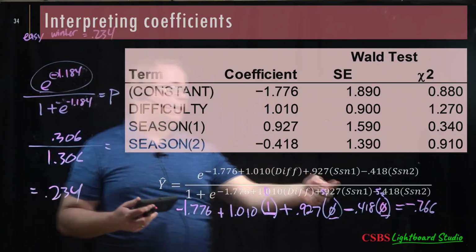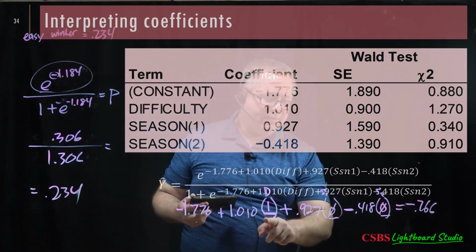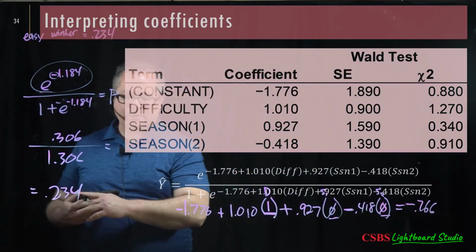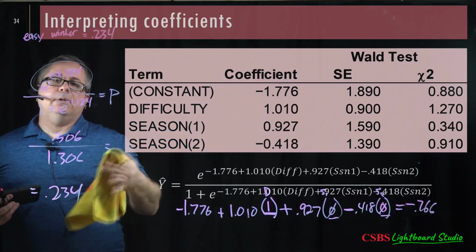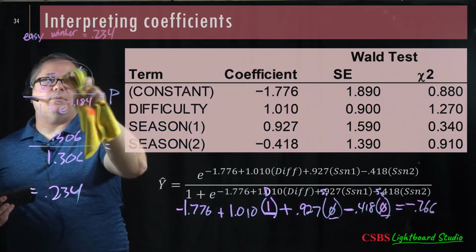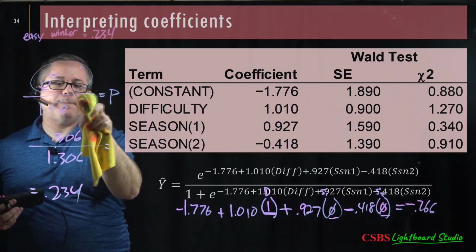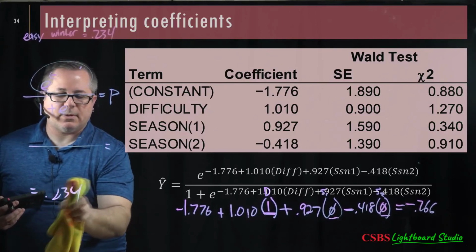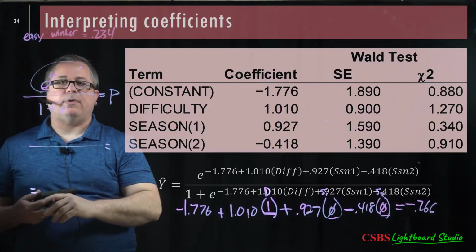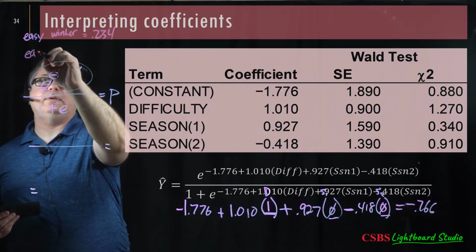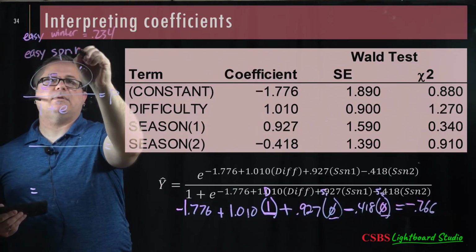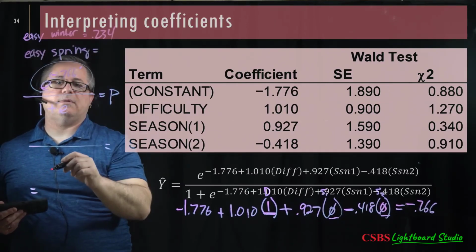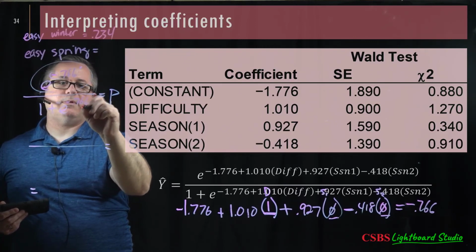Now, let's go back and do this. So this is now our easy spring, right, of negative 0.766. And I need to go through and replace this stuff. So negative 0.766. These will all change. So if I now want easy spring, that's negative 0.766 and negative 0.766.